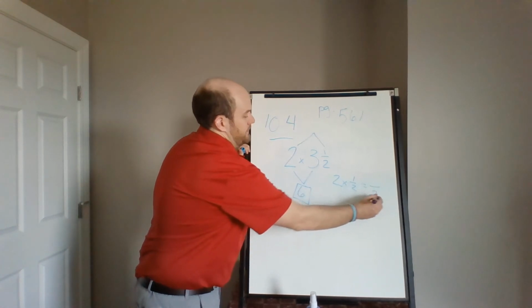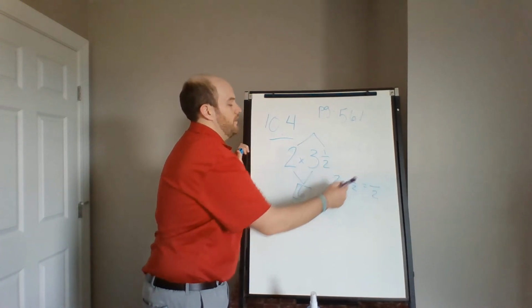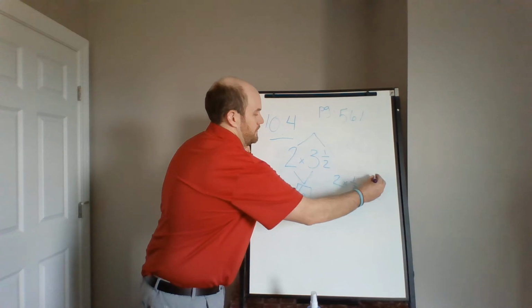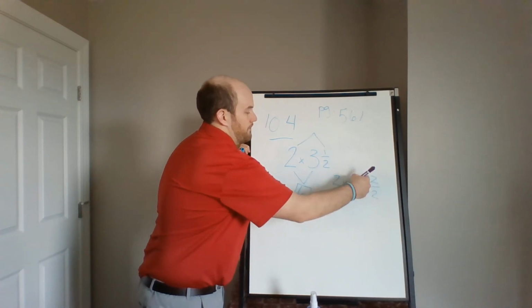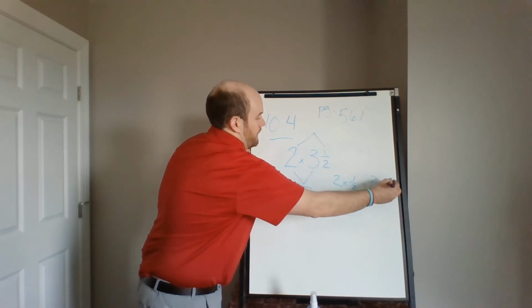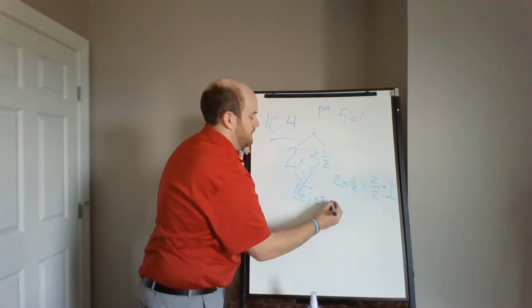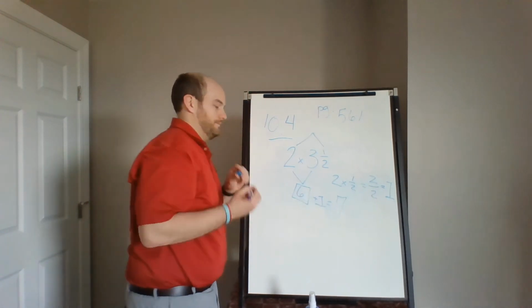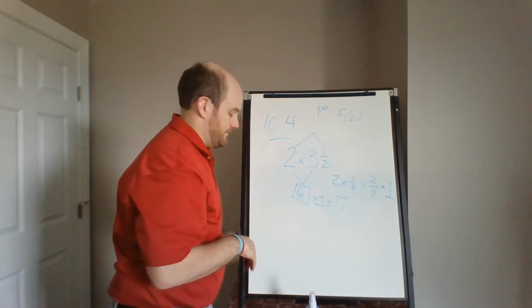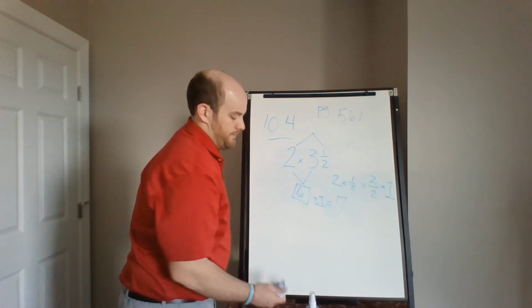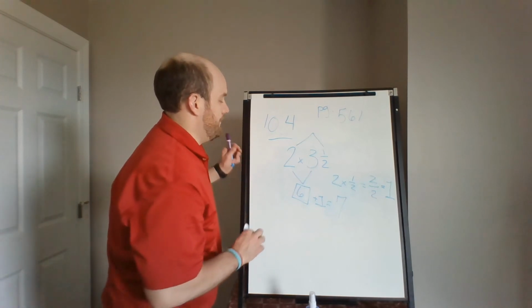The 2 stays the same at the denominator. 2 times 1 equals 2. 2 over 2 equals the number 1. 6 plus 1 equals 7. That is the answer to number 5.